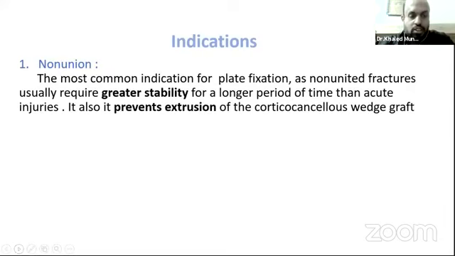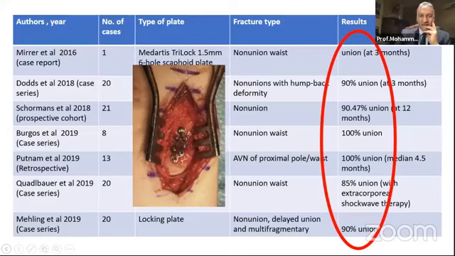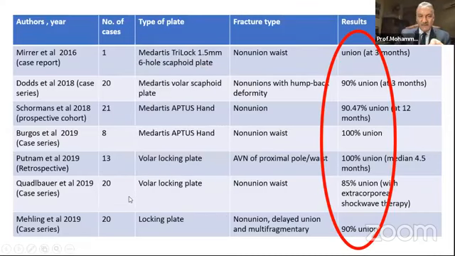the plate fixation. Here you can see the type of fixation. The first study has a 6-hole scaphoid plate.